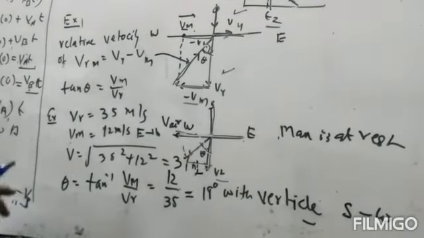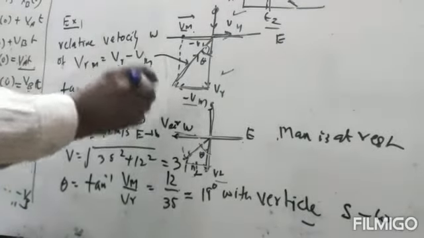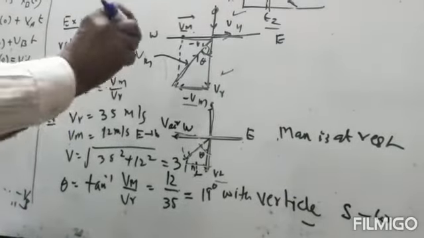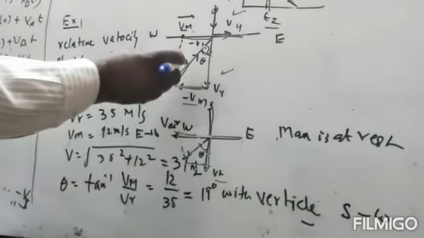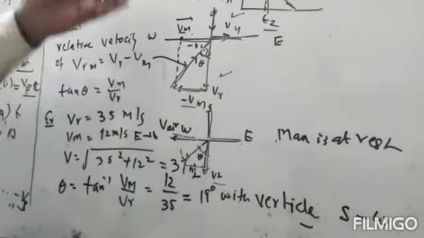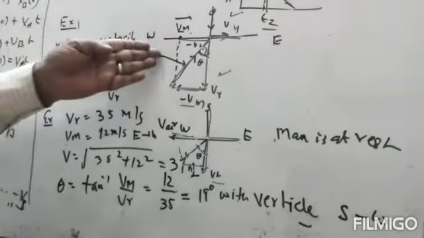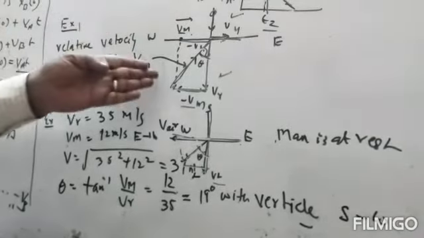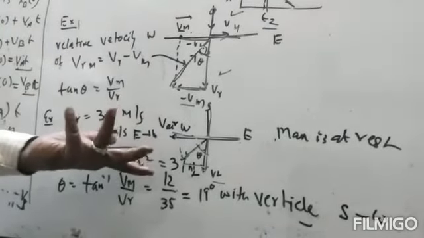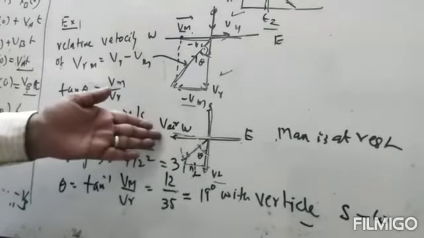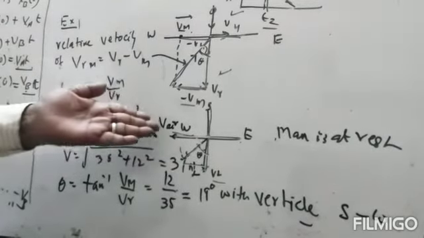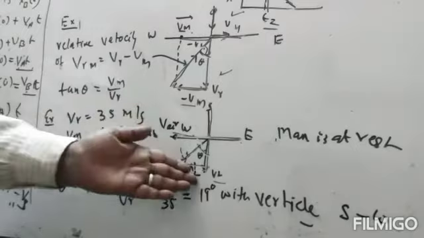So in both the cases, in one case the man is stationary, here the man is moving. So here we have to take the relative motion or relative velocity of rain with respect to man. Here we just have to find the resultant velocity of wind and the raindrop.